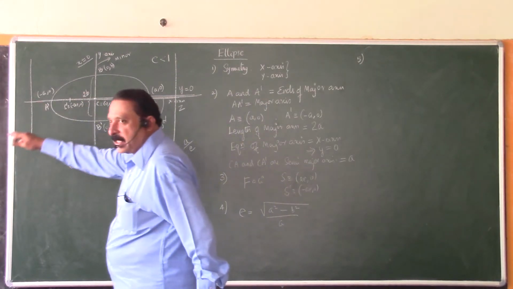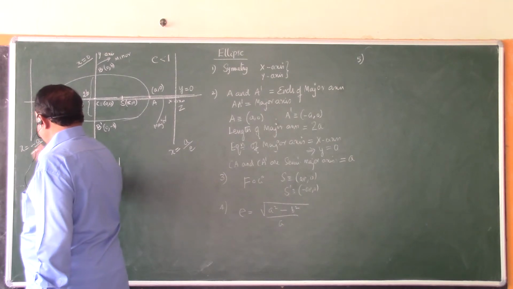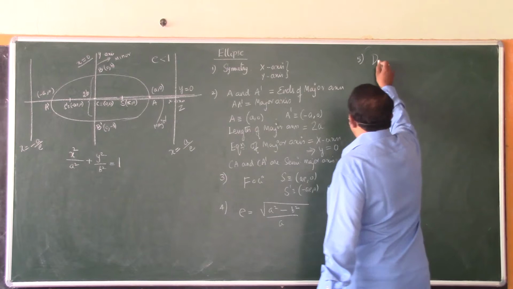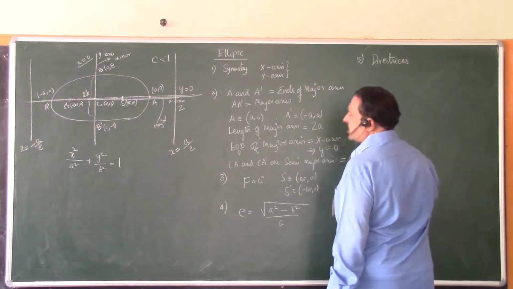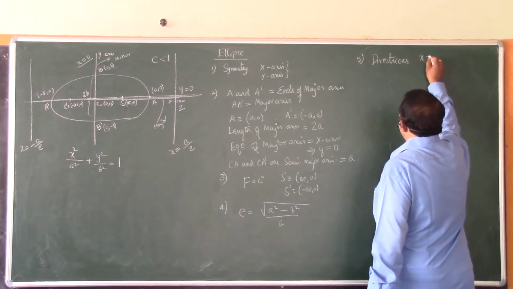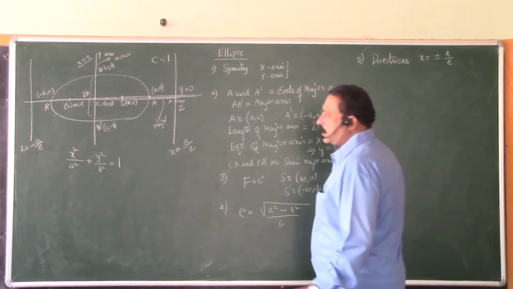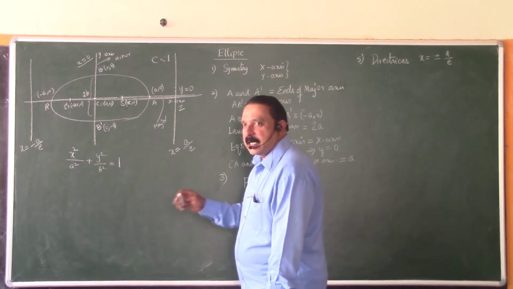The equation of the second directrix is x equals minus a by e. As there are two directrices, we have x equals plus or minus a by e. X equals plus a by e is one directrix, minus a by e is the second directrix.